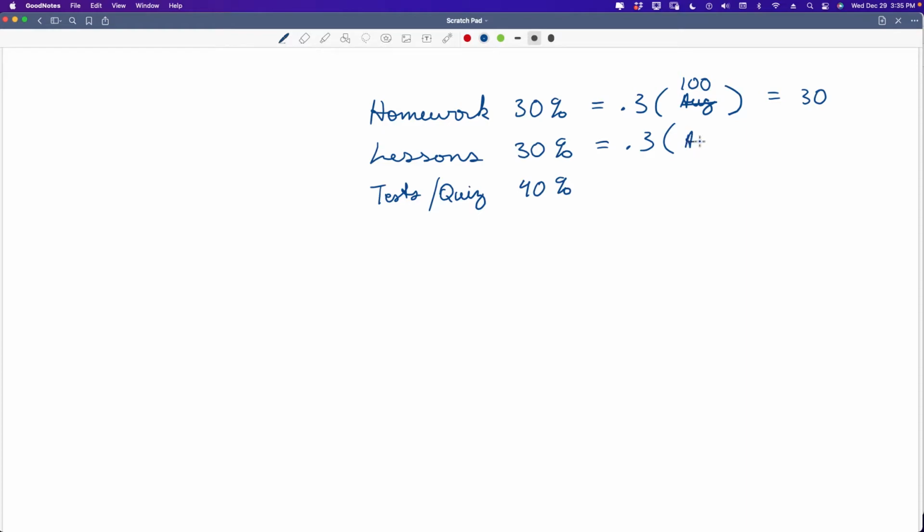And that would be times your average lesson grade. Well, if you made 100 there, then that would equal 30, right? Now your tests and quizzes, it's 40%, so that would be 0.4, that's 40% in decimal form. And if you made 100% on all your tests and quizzes, 0.4 times 100 is 40. And then we would add those 3 grades up and you would have gotten a 100, which is 100%, 100%, 100%.